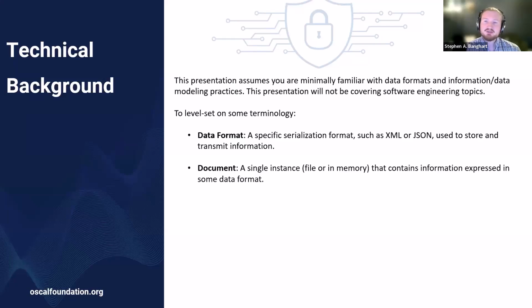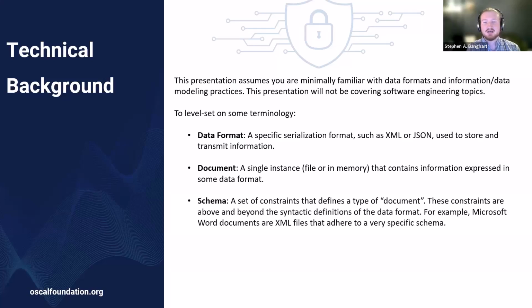I'm going to use the word document several times throughout this presentation. And when I say document, I'm referring to that specific instance of information, whether that's in a file, whether that's in memory, whether that's on the wire. A document is a single contiguous instance of information. And I'm going to be using the word schema a lot.